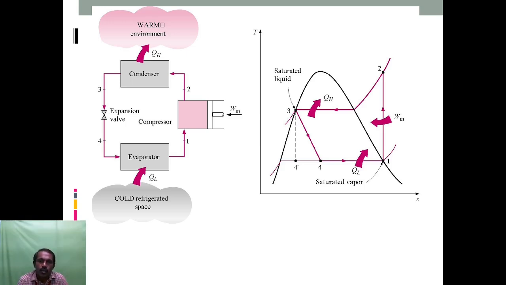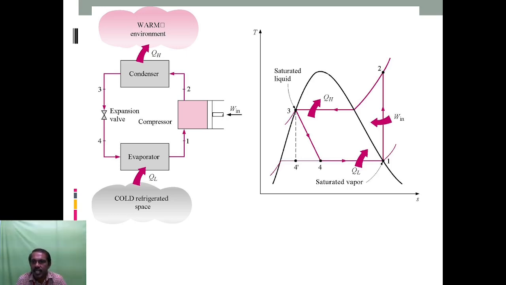Then 2 to 3 is the condenser. Condenser, already explained, produces high pressure and low temperature. So the temperature is low and the graph goes down. The temperature is low and the entropy changes.